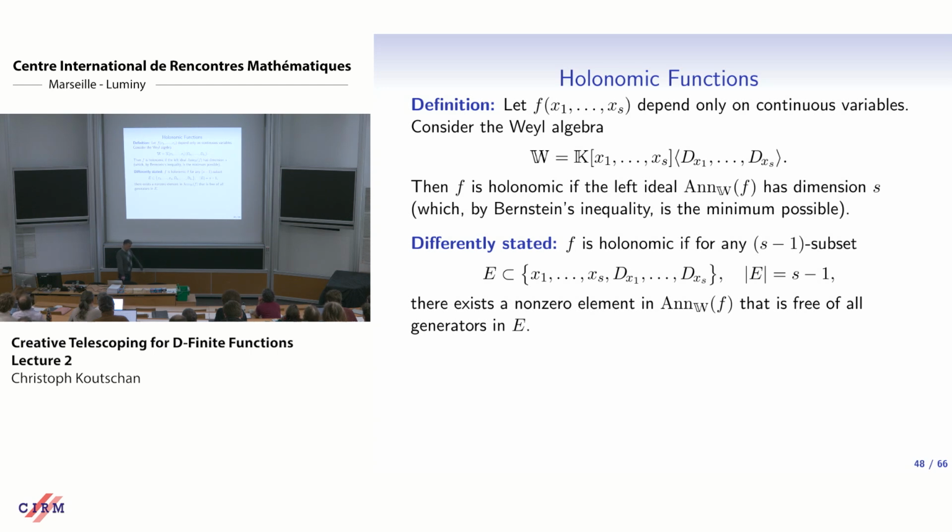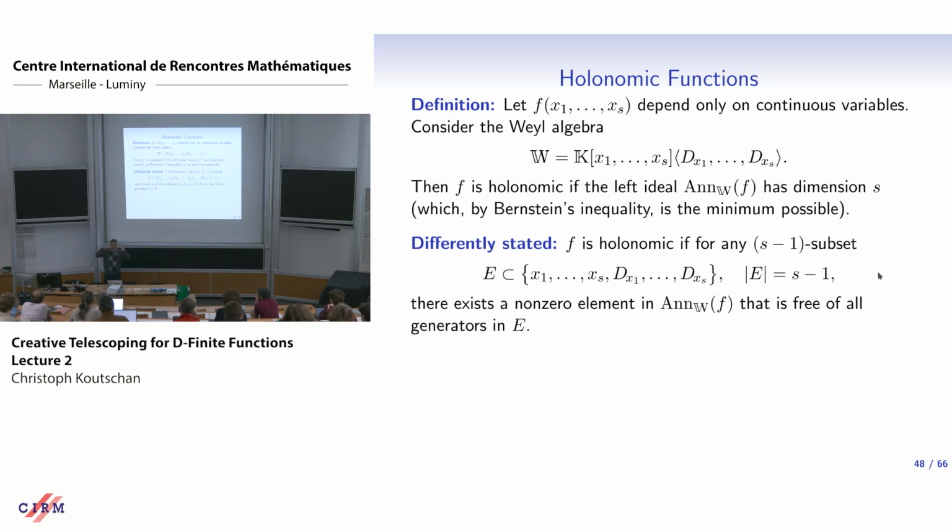And the consequence of this is, well, if you have an ideal of dimension s, that means if you fix any subset of s minus 1 of your ring variables, you can find a non-trivial elimination ideal. So you can eliminate these s minus 1 variables, and you will get something non-trivial in your ring that has not these s minus 1 variables.